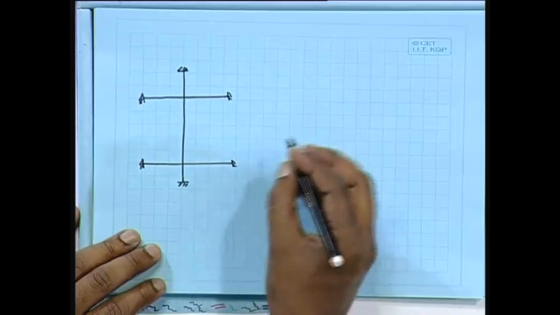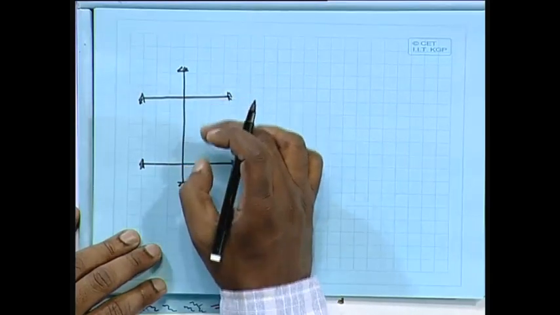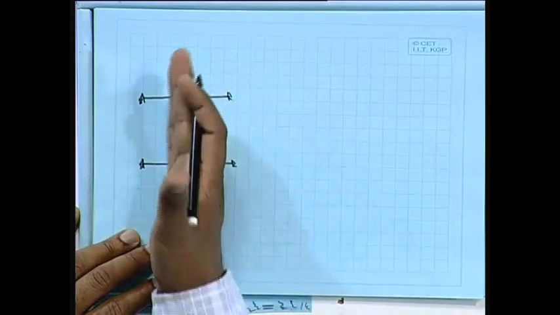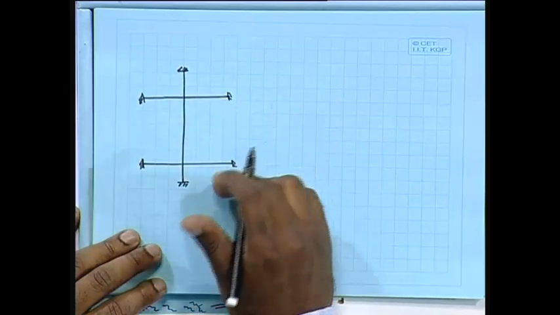Let us say this is a part of one building frame. We are taking a part of it, and only in one plane. It could be the other way also, but we are taking only one plane.